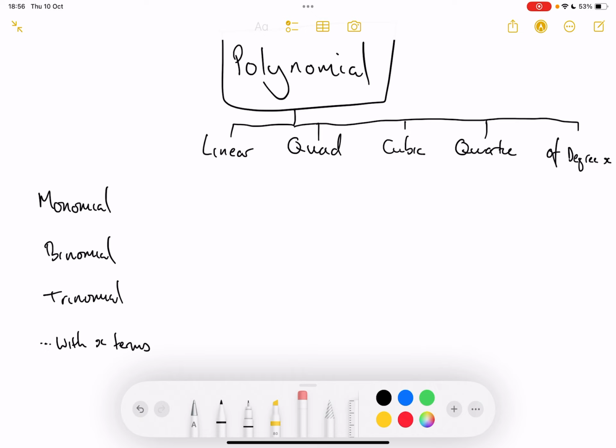There's also a fact that can be learned here, that you can have linear monomials and binomials, but not trinomials. Once you've simplified, you cannot have a linear expression with 3 terms. For quadratics, so your highest exponent is 2, you can have 3 terms. Cubics, it'll go up to 4, and so on. So there's an interesting fact there that relates the maximum number of terms once it's in simplified form.